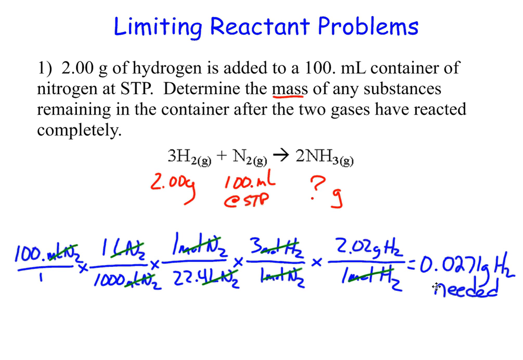Well, if we look at how much we have, here's the amount of hydrogen we have, this is 2.00 grams, we realize that we have quite a bit of extra hydrogen gas.